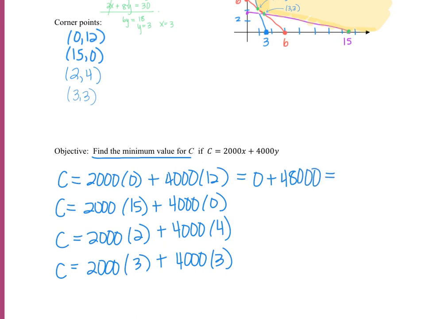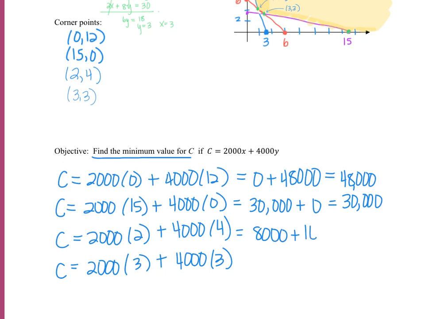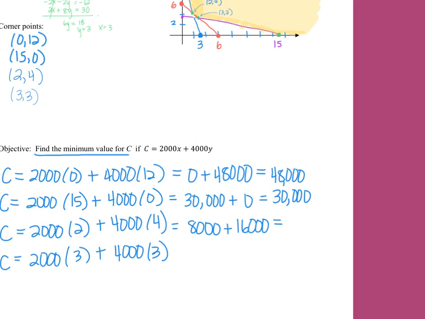All right, so this would be 0 plus 48,000 for an answer of 48,000. This one would be 30,000 plus 0, so the answer is 30,000. The next one would be 8,000 plus 16,000 for a value of 24,000.